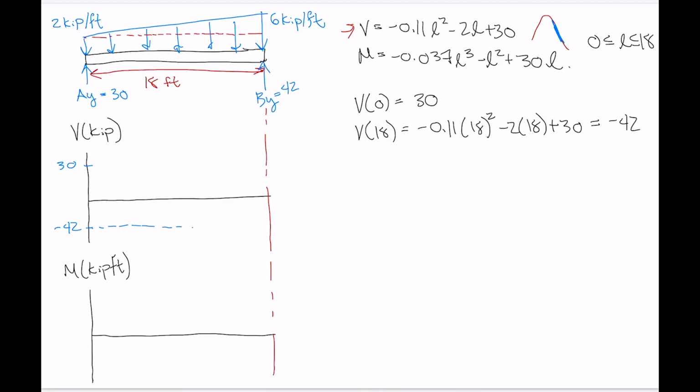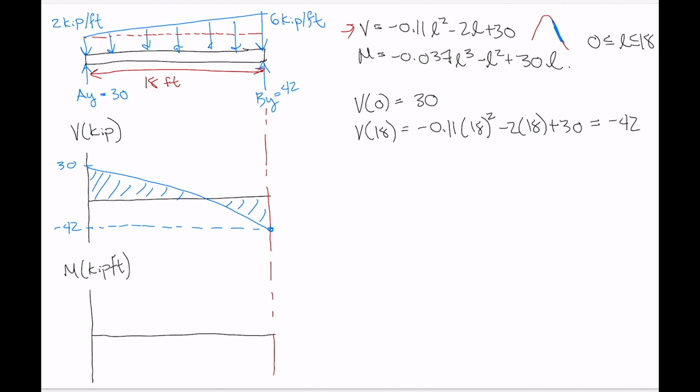So we know where we're starting and we know where we're finishing. So it's something like that. Okay, again, not necessarily drawn to scale here.